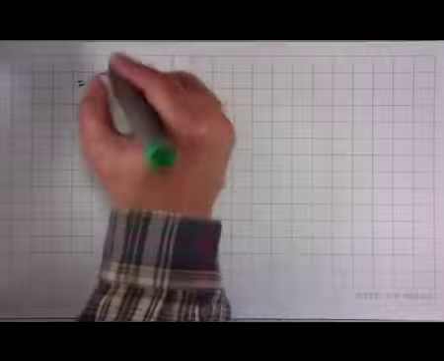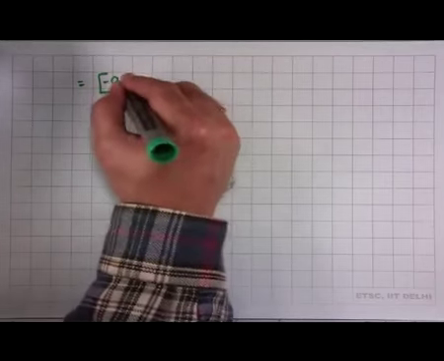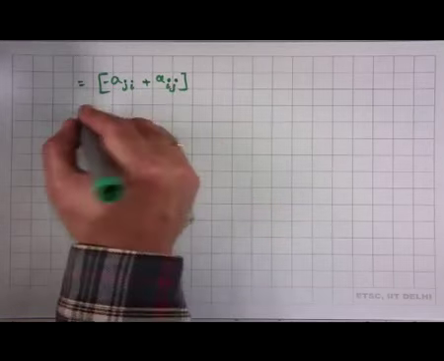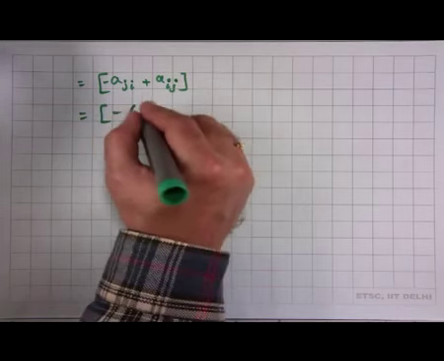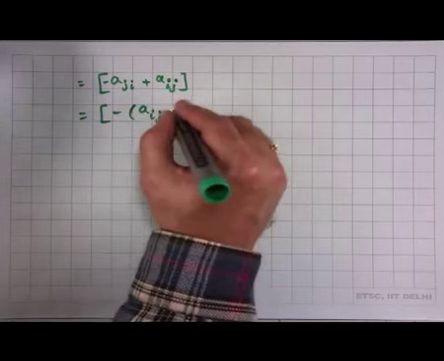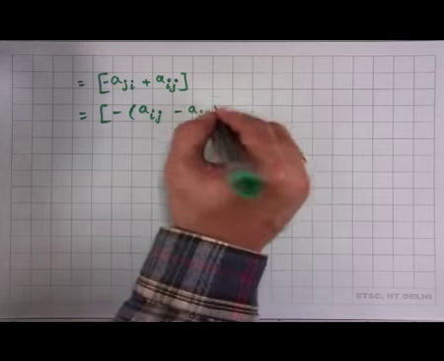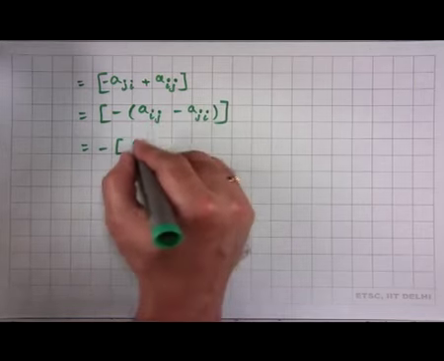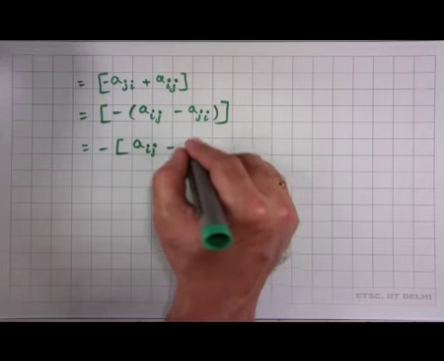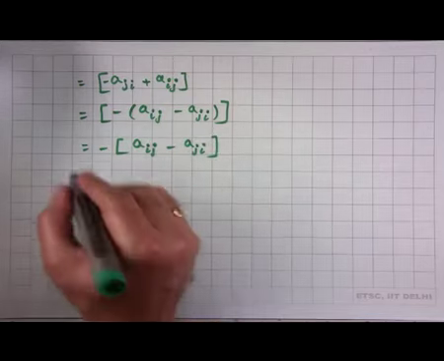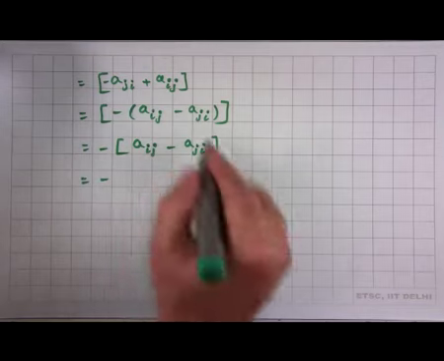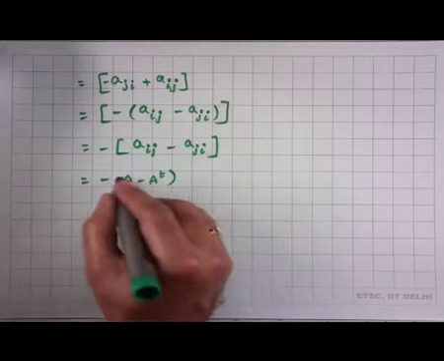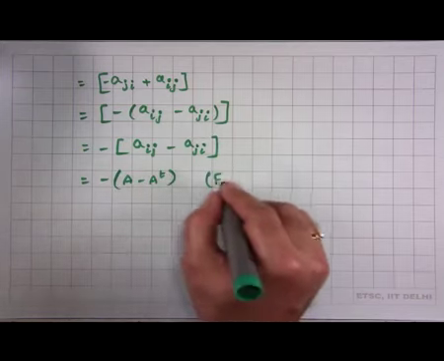This is the same as minus aji plus aij, this is equal to minus of aij minus aji, and this matrix aij minus aji is exactly A minus A transpose. This follows from 1.